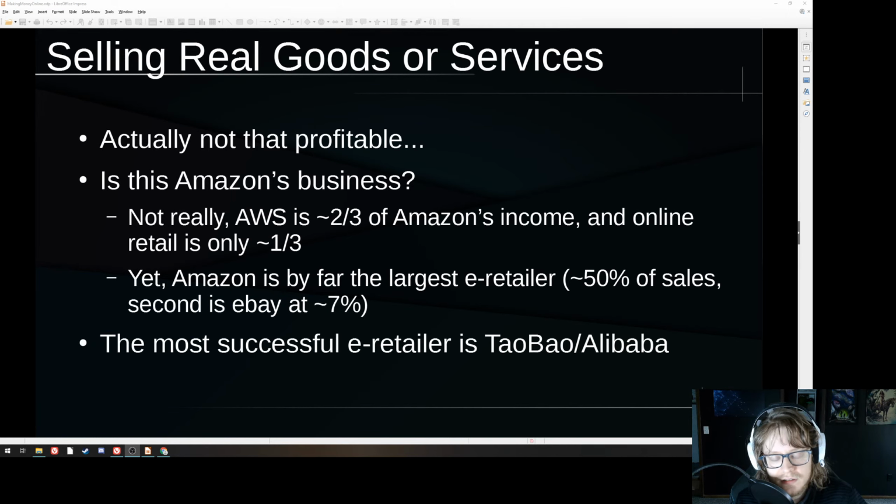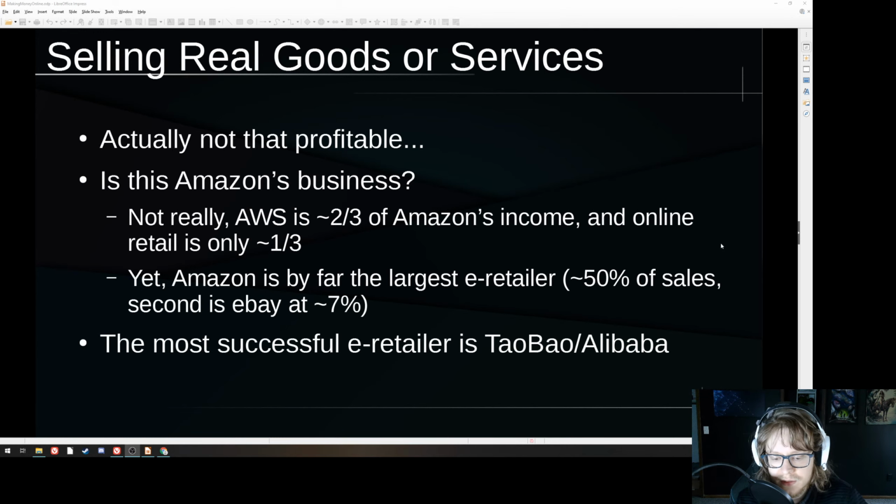They make a considerable amount of money. They have a far greater share in their market, and their profits are much better. Amazon, compared to Alibaba, Alibaba usually wins. Now, Amazon has become, in recent years, mostly a reseller of Alibaba junk.